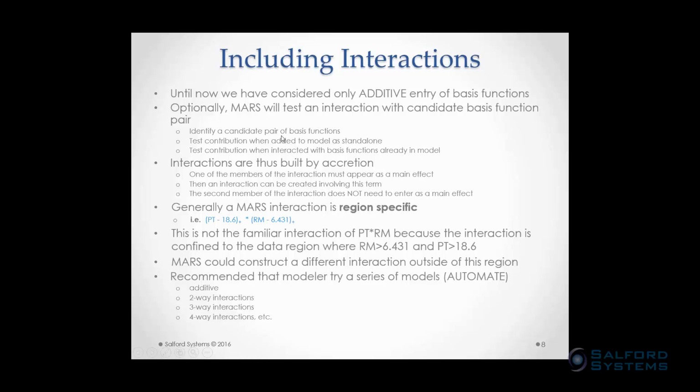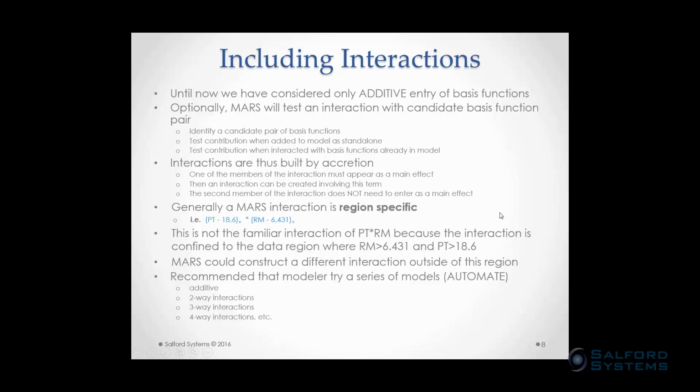First, MARS identifies a candidate pair of basis functions, which I mentioned before were the direct and the mirror basis functions. What happens next is the contribution is tested when this pair of basis functions is added to the model as standalone. Next, this pair of basis functions is tested when interacted with basis functions that are already in the model. So the interactions are built by accretion.